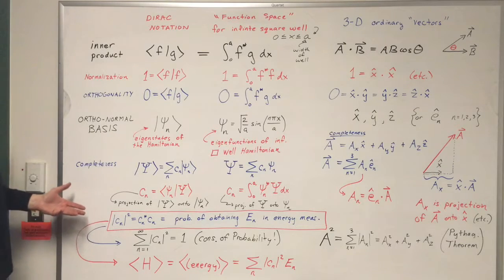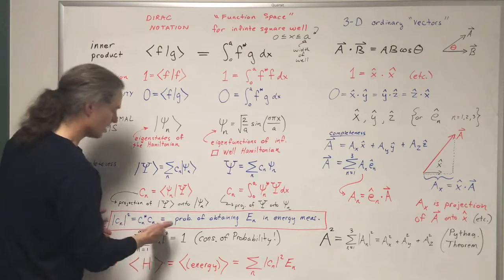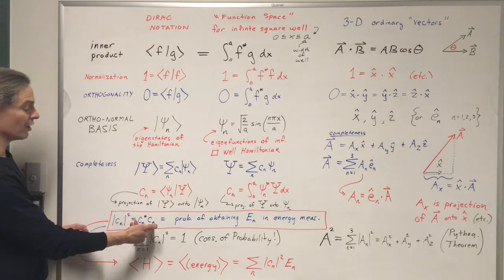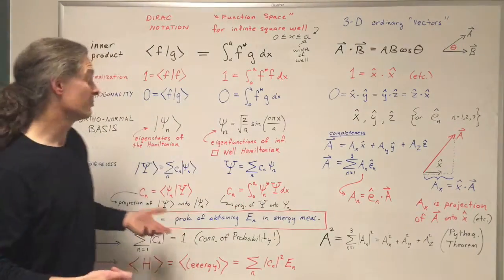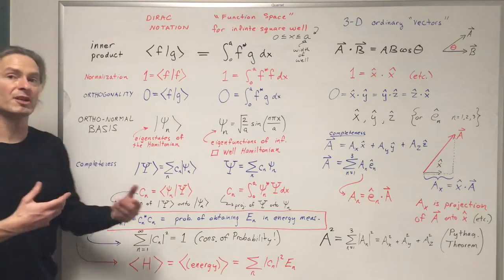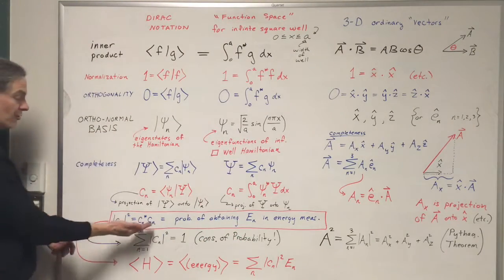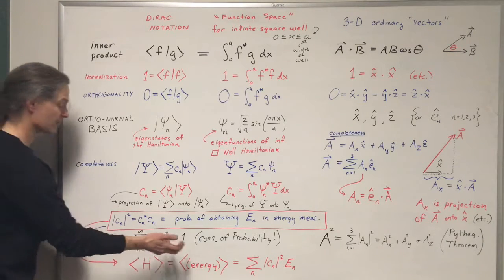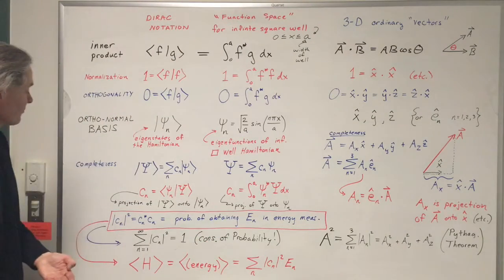Now, naturally, a consequence of that is if this is the probability of one outcome, if you add up all the probabilities for all the outcomes, you better get a probability of 1. If you measure the energy, you're going to get an energy value. So if you add up all the possible probabilities for all the possible outcomes, those should come out to 1. So that's conservation of probability.